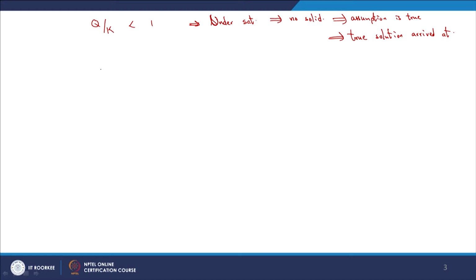But what if after calculating the relevant variables and the ratio of Q by K, it turns out to be greater than 1, what does that mean? It's supersaturated, or oversaturated, and now the assumption of no precipitation is not valid.